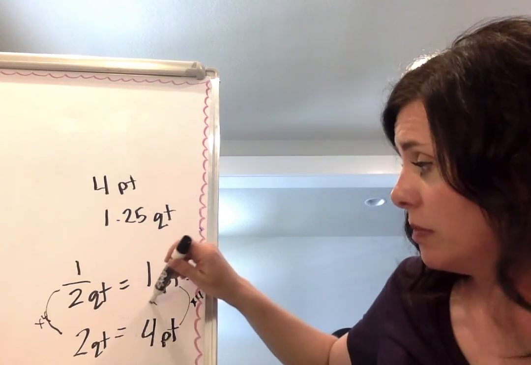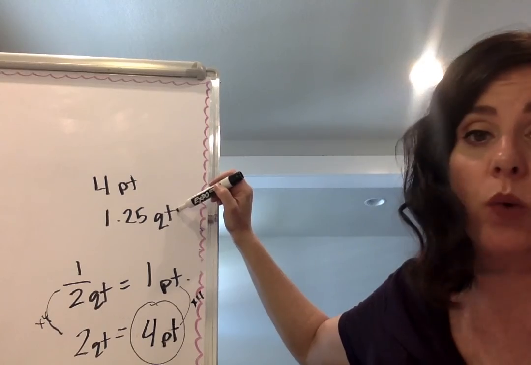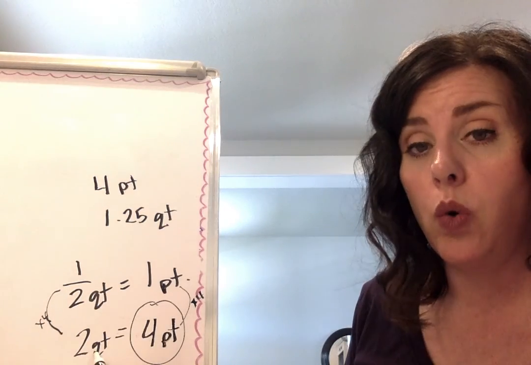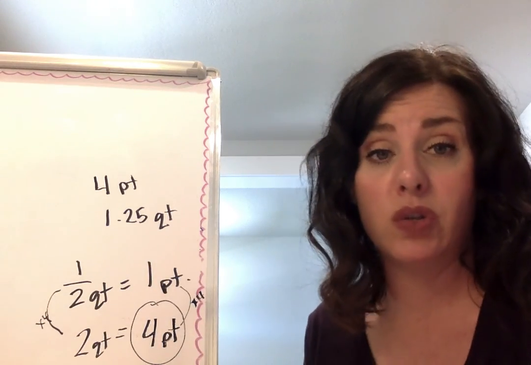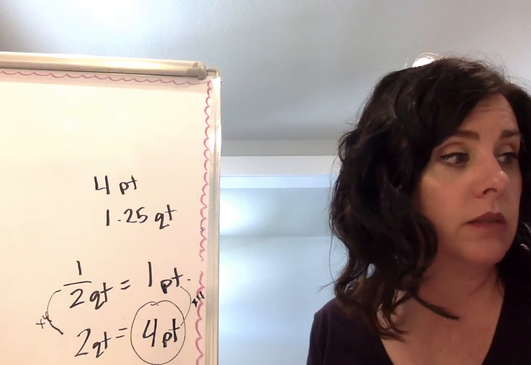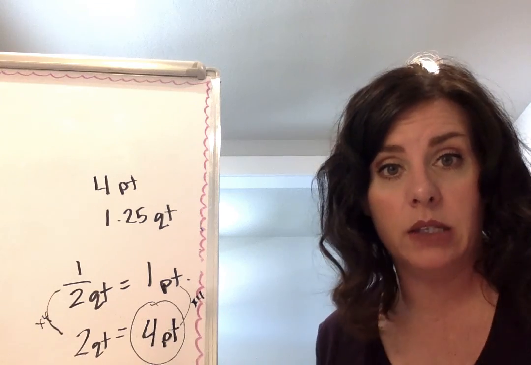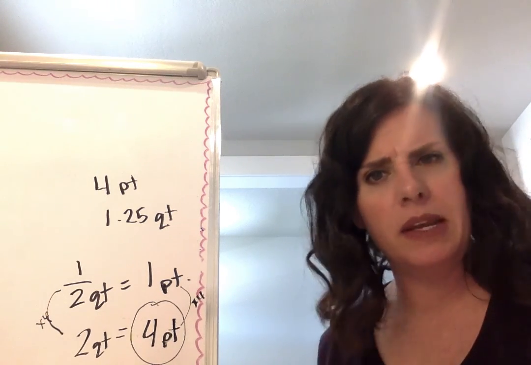So the larger amount is the 4 pints for sure. It's definitely larger than 1.25 because it says that 4 pints equals 2 quarts. Well, 1.25 is smaller than the 2 quarts. So the larger amount would be 4 pints. The 4 pint bottle, right? Okay, there we go. Took me a minute.